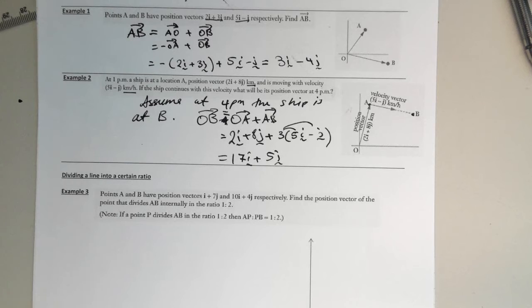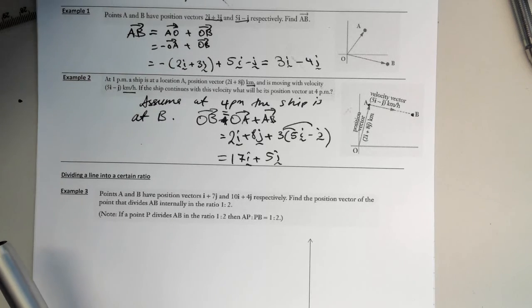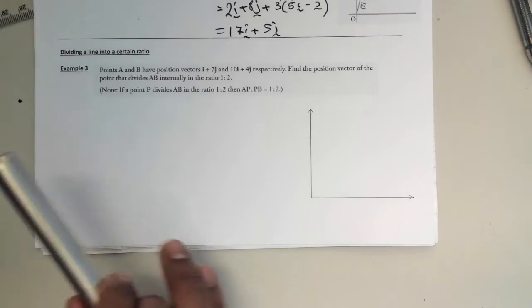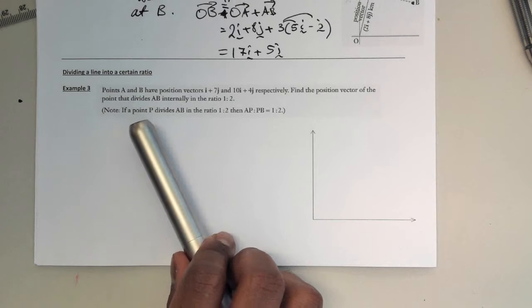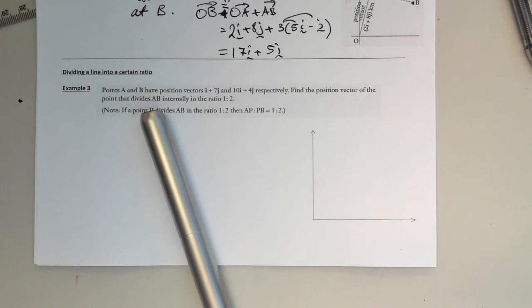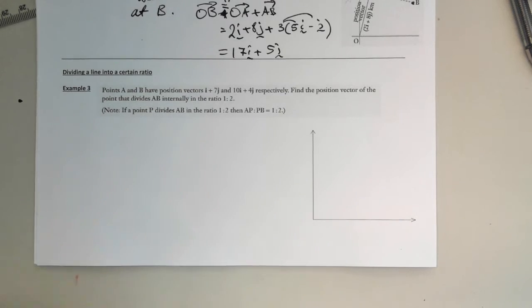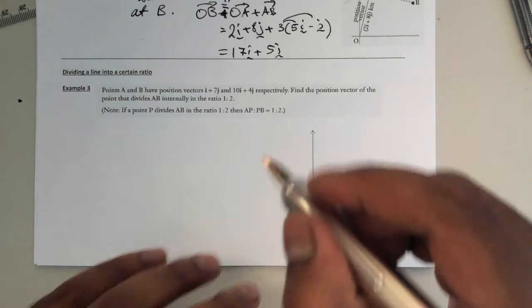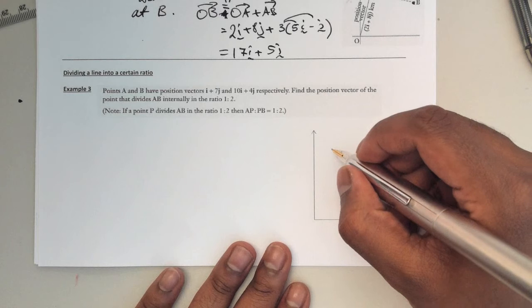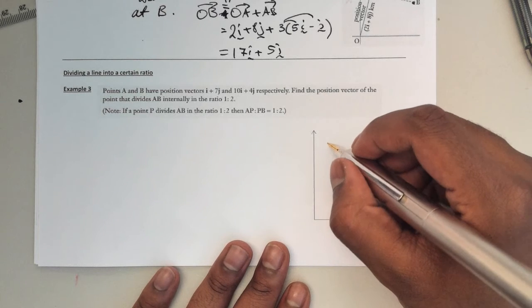So, if you look at those numbers, A is only 1i plus 7j, and B is 10i plus 4j. So very, very roughly, where would i and j be? I would say maybe A would be here somewhere.